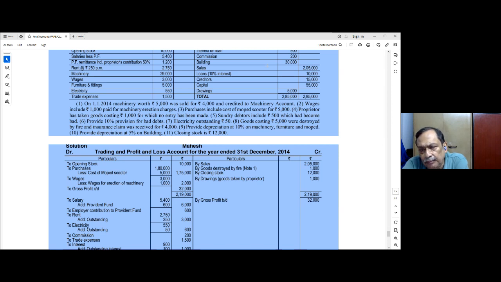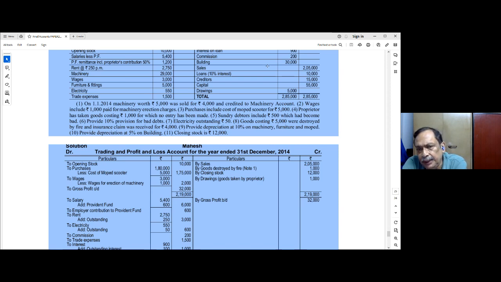Purchases include cost of moped scooter for rupees 5,000. Proprietor has taken goods costing rupees 1,000 for which no entry has been made. Sundry debtors include 500 which had become bad. Provide 10% provision for bad debts.